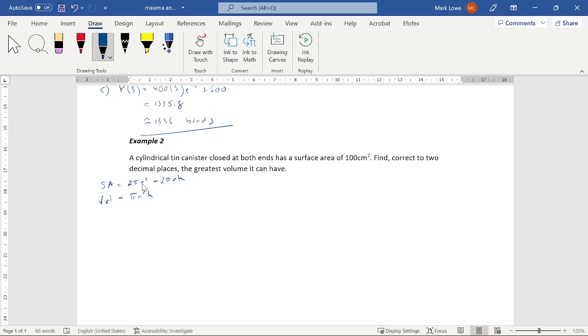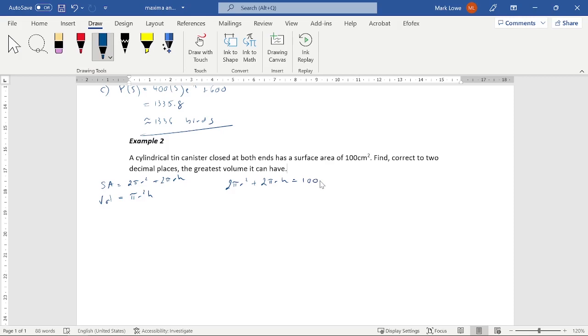And that's exactly why we have the information about the surface area. We know that 2 pi r squared plus 2 pi r h is equal to 100 in this situation.